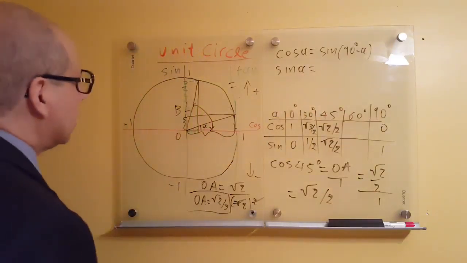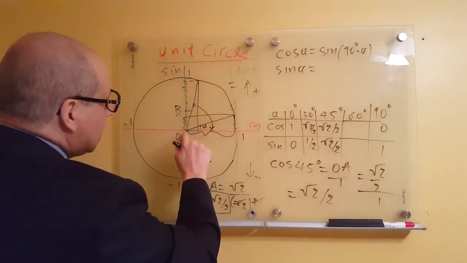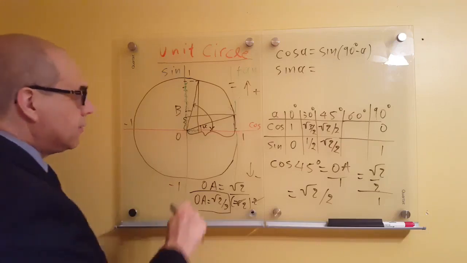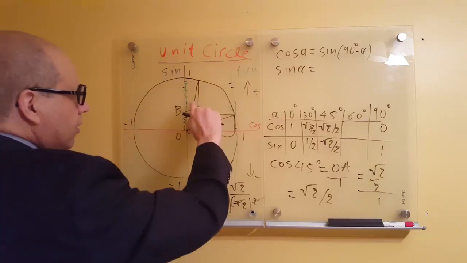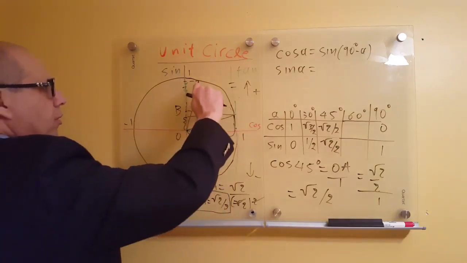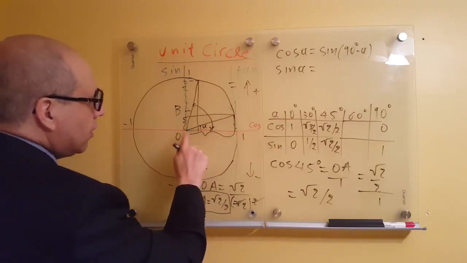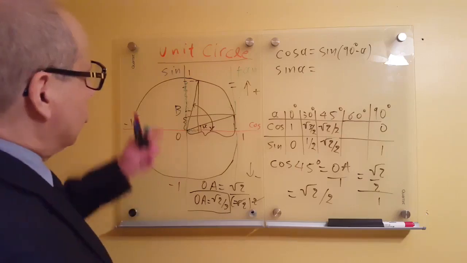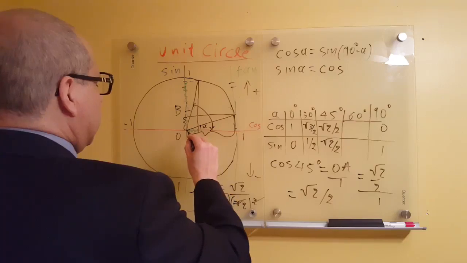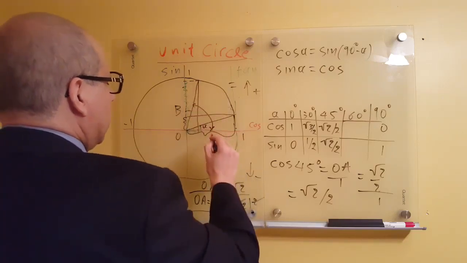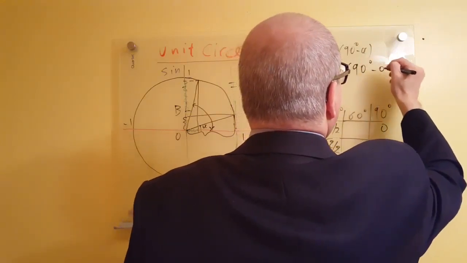It's equal to this small segment here, which is the cos of this angle, because the projection from this point to the cos axis comes here. This angle is again 90 minus A.